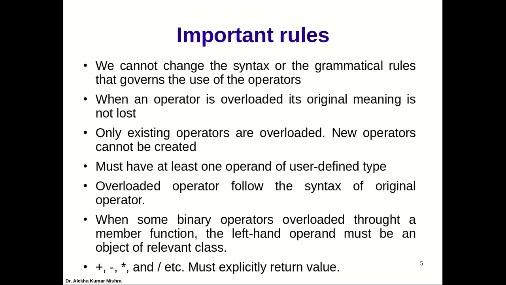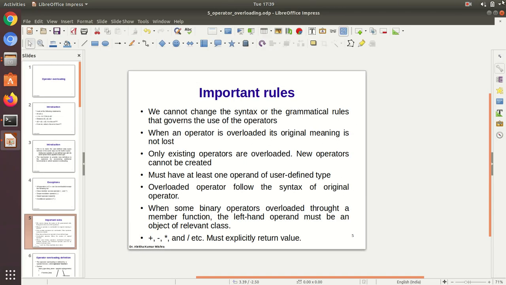Now you must have at least one operand of user defined type, otherwise it's of no meaning. This statement is kind of obvious: whenever you are using the plus, if at least one operand is a user defined type of a particular class type, then only there is a role of operator overloading. Otherwise there is no role of operator overloading.